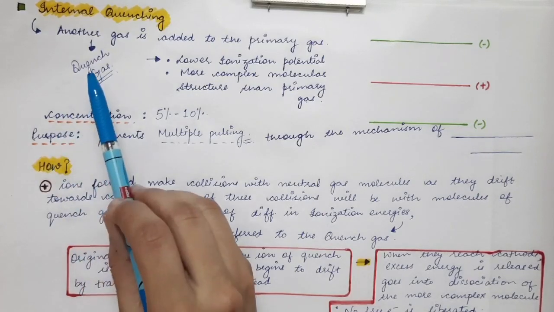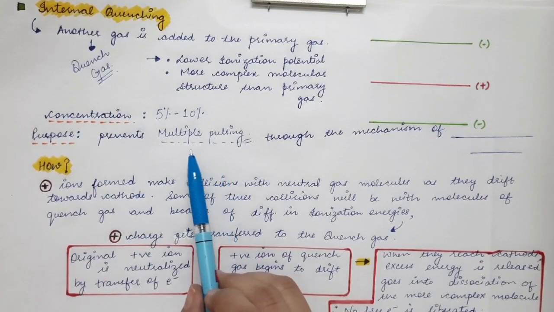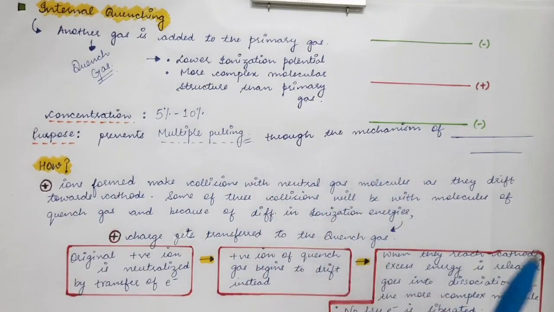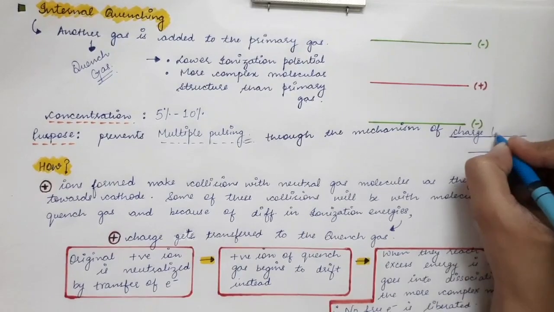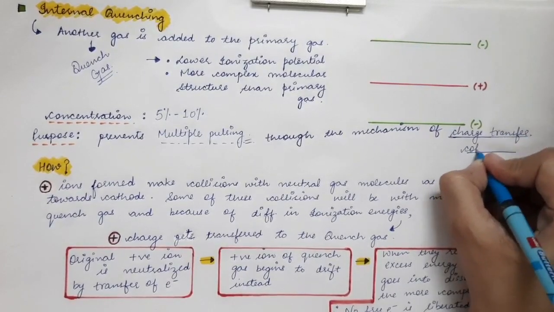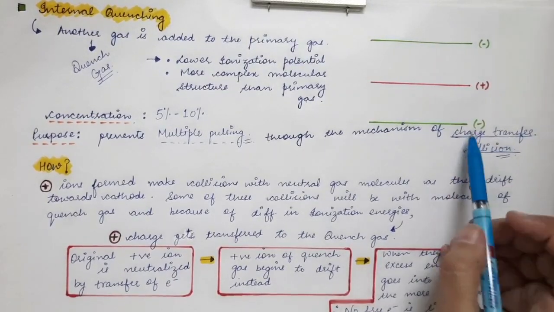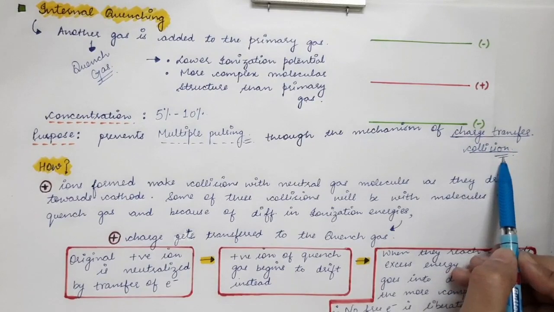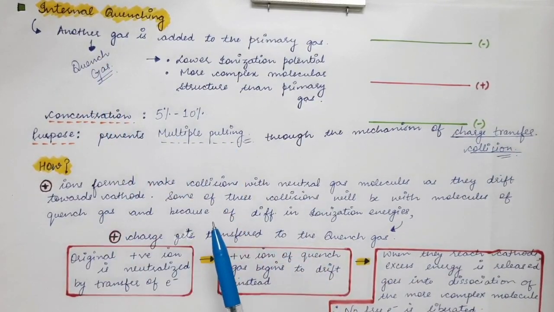The quench gas prevents multiple pulsing through a mechanism, and that is charge transfer collision. Using this process, multiple pulsing is avoided in the case of internal quenching.